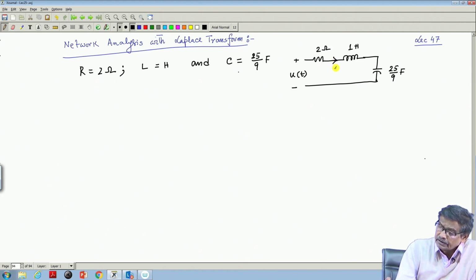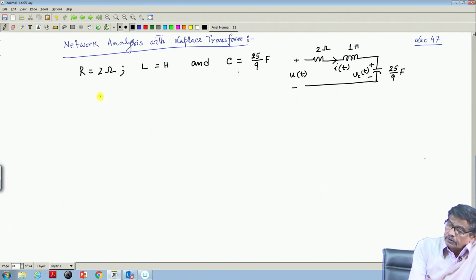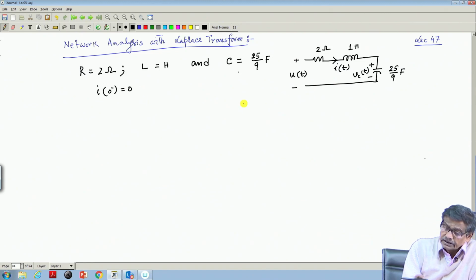So, this will be some i(t) and this will be the voltage across the capacitor at any time t, vC(t). So, i(0 minus) is equal to 0 because current through the inductor was 0, and voltage across the capacitor at 0 minus was equal to 0.